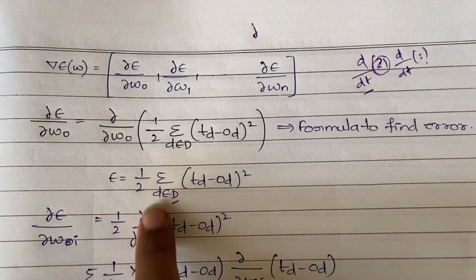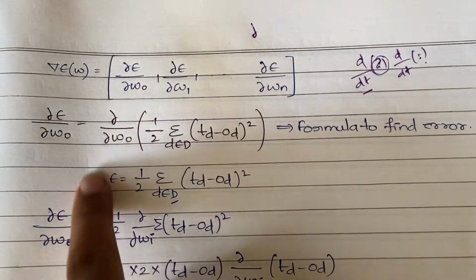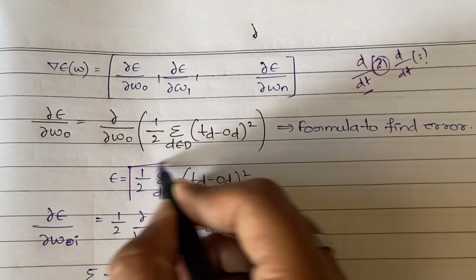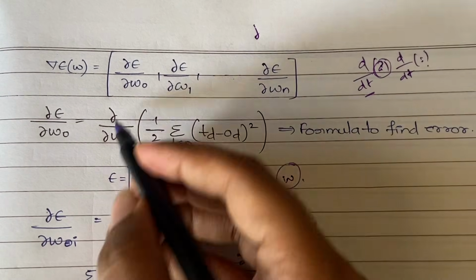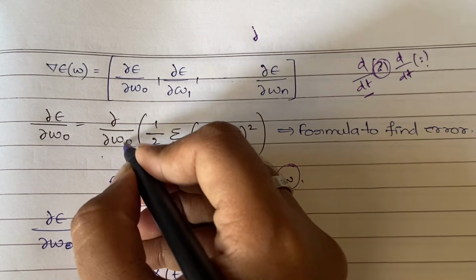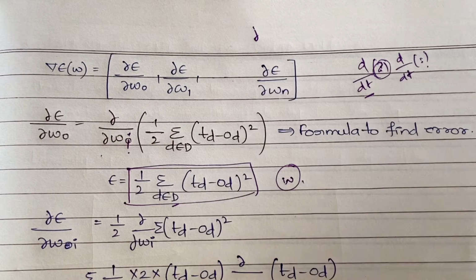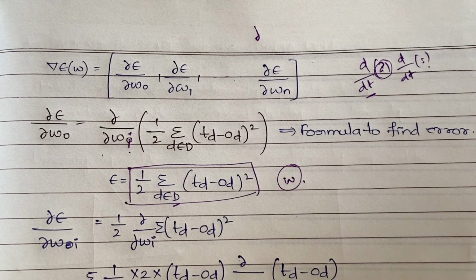Sigma means summation, so (td minus od) whole square. This is the formula for error, and for this formula we need to do differentiation with respect to W, which is d by dW. Instead of W naught, you can take Wi, which is general and applicable to all, W naught to Wn. You can take it in general as i.